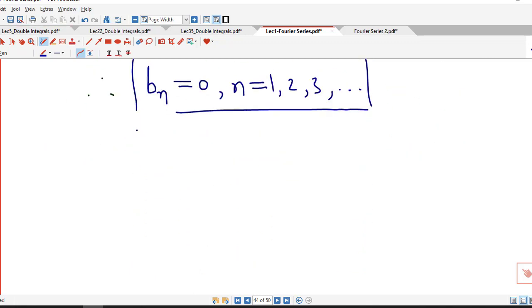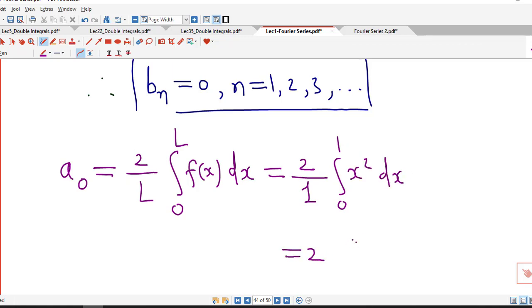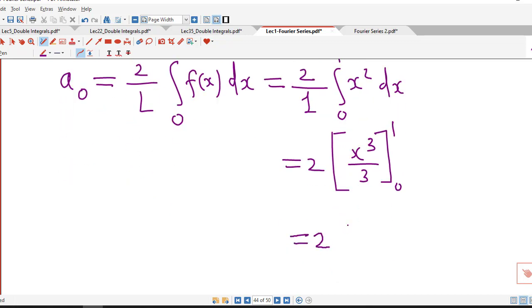And now we calculate a0 and an. So for a0 we have, if f(x) is even function, a0 is 2 by L integral from 0 to L f(x) dx. Here L is 1, so we have 2 divided by 1 integral from 0 to 1, f(x) is x square. So this is x cube divided by 3, x is from 0 to 1, and this is equal to 2 times 1 by 3 minus 0, that is 2 by 3.